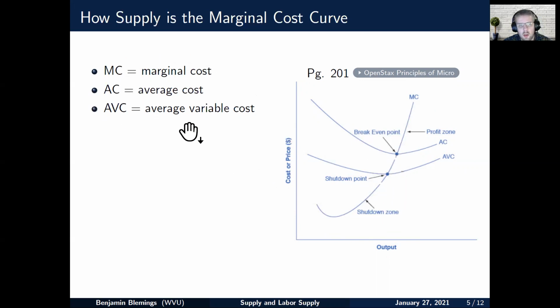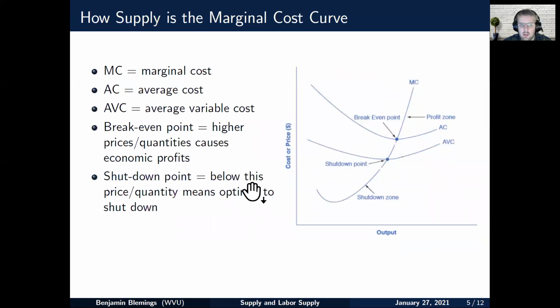Then there are these other ways to define costs, which determine whether or not a business will operate. The break-even point is if you get to this point or above it, then you're making profits. And the shutdown point is if the price is below the shutdown point, then you're going to shut down.